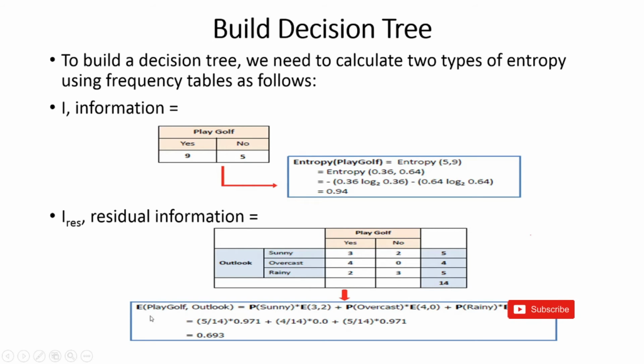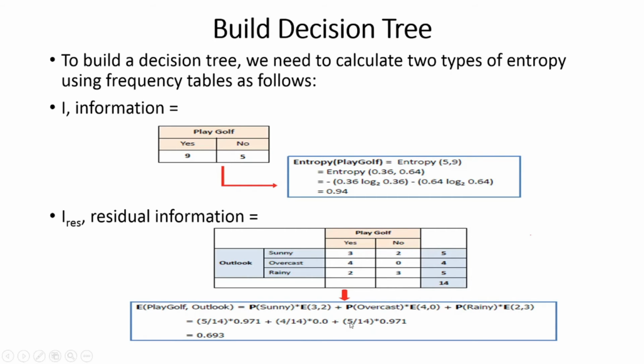Now, the entropy of play golf with outlook is represented as the probability of sunny times the entropy of play golf for sunny, plus the probability of overcast times the entropy of play golf for overcast, plus the probability of rainy times the entropy of play golf for rainy.